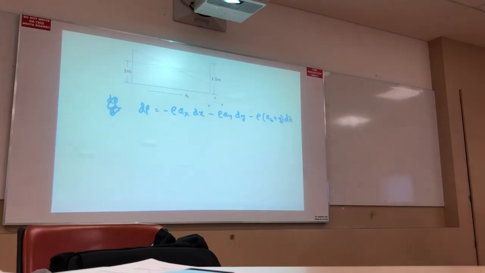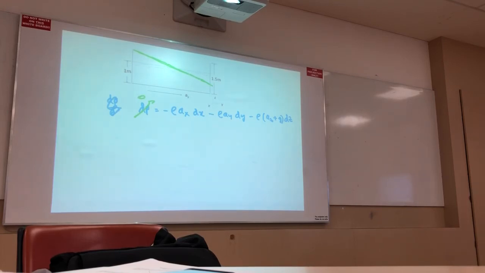I substitute the value only. But the change in pressure is 0, right? Because these lines are of constant pressure. That's why this is 0.